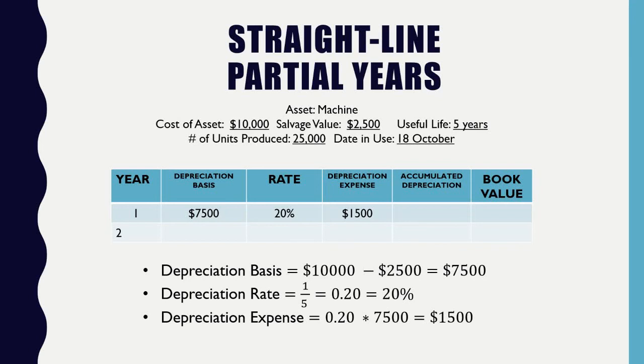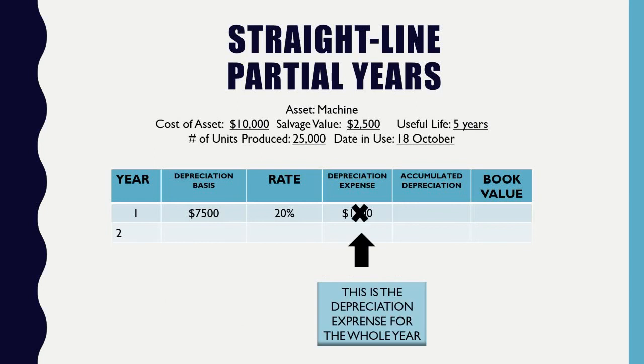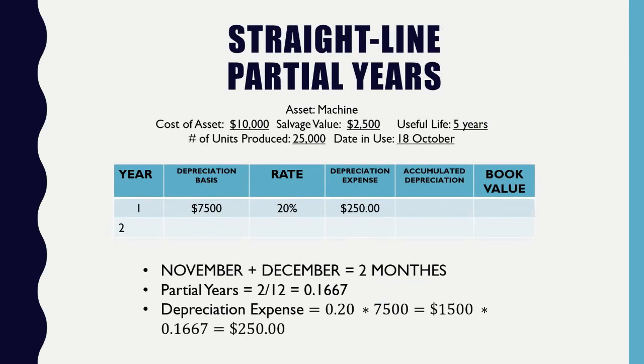But that's for the whole year. At least we know that the next time we recalculate this, it's definitely going to be 1,500. But for the first year, it's only 2 months old. So that's where you have to refigure this number, because we're treating our machines like we treat our children. It's December, it's only 2 months old. So we need to calculate how partial years work.